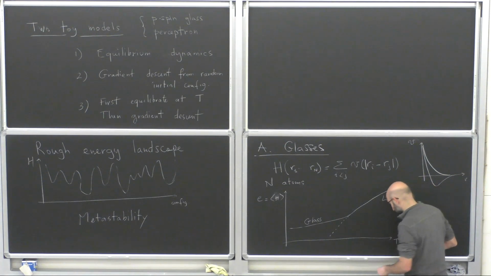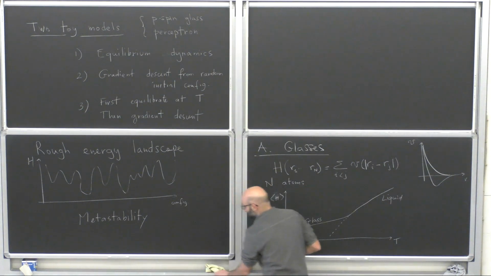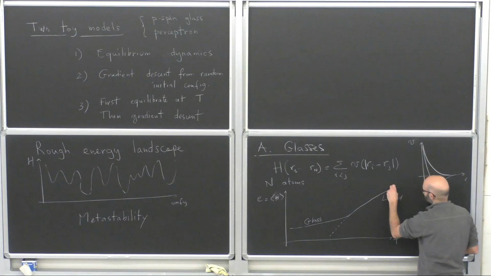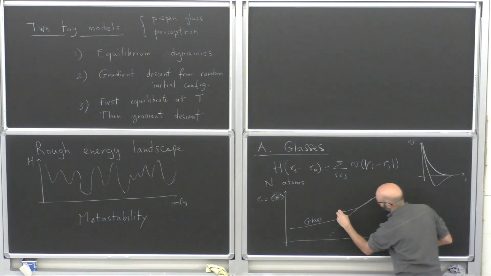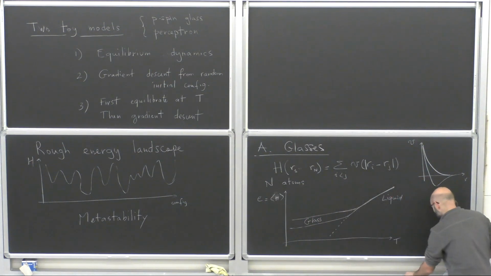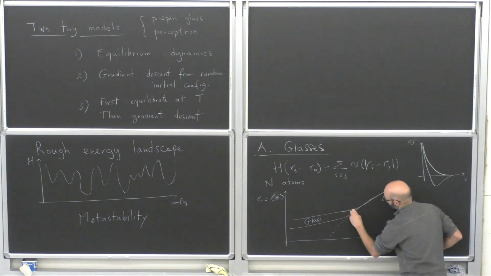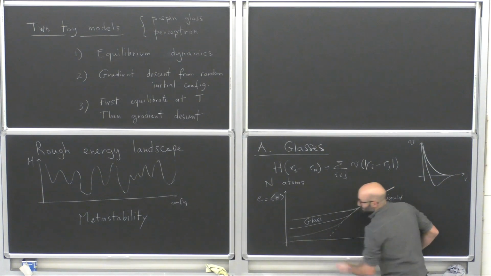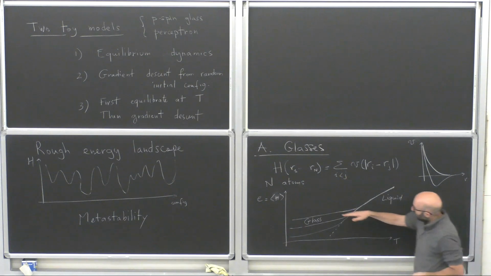So if you cool your glass very fast, then what you typically get is something like this. And if you cool very slow, then you get something like this, okay? So depending on the way you prepare your glass, you get a different energy.